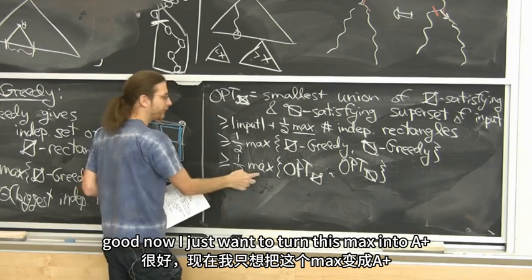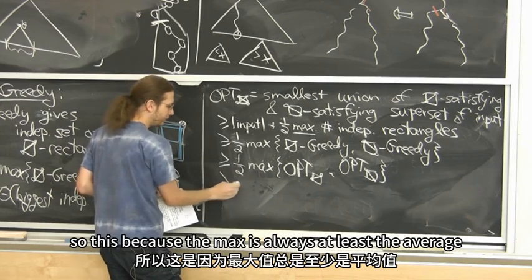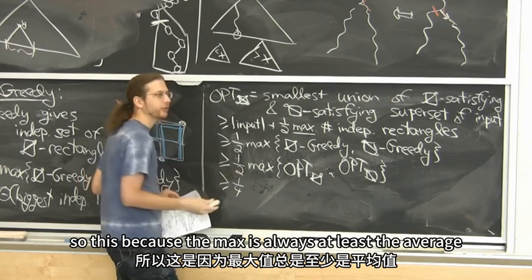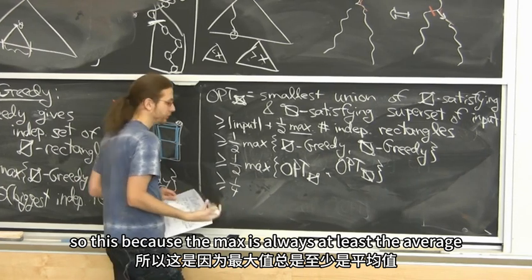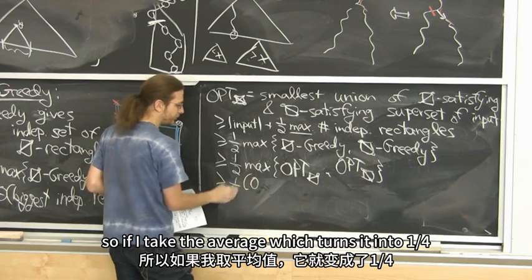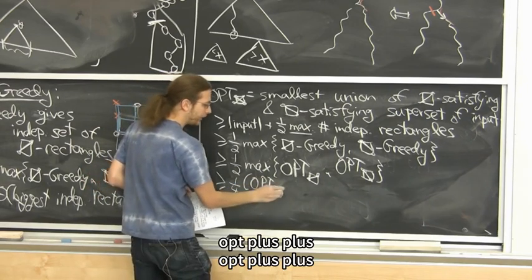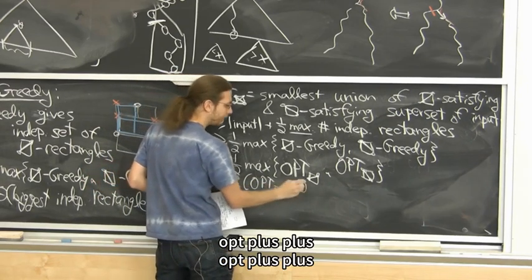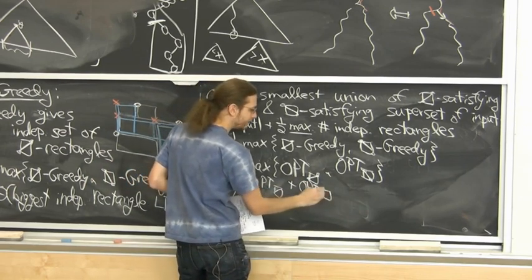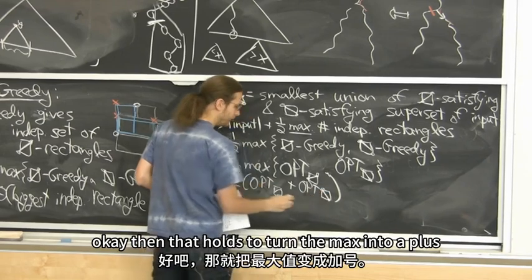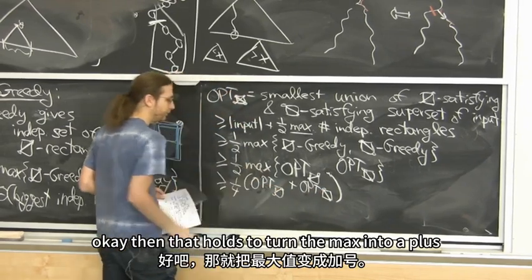Good. Now I just want to turn this max into a plus. So this, because the max is always at least the average. So if I take the average, which turns it into 1/4, opt plus plus opt minus. Okay, then that holds to turn the max into a plus.